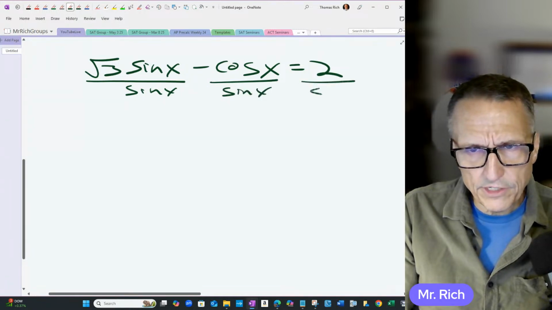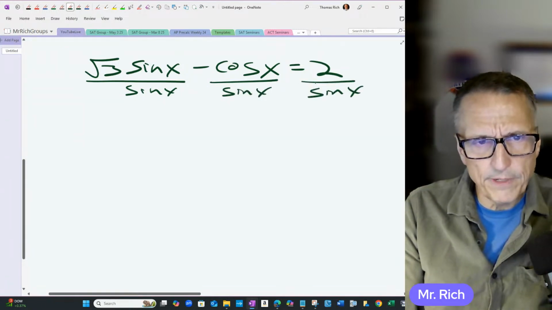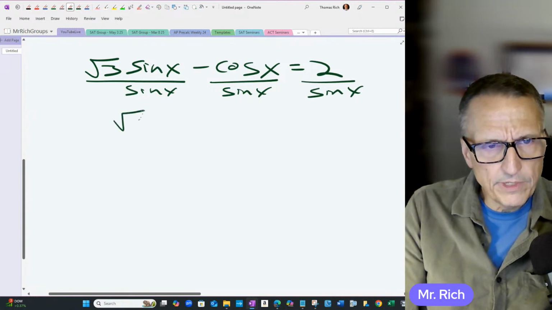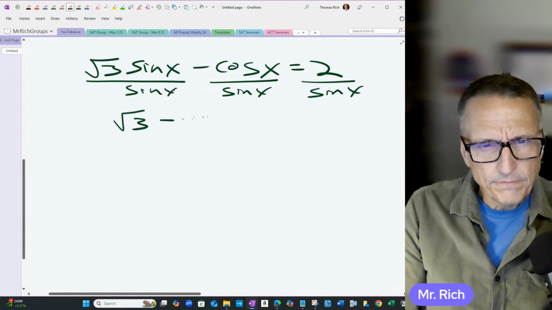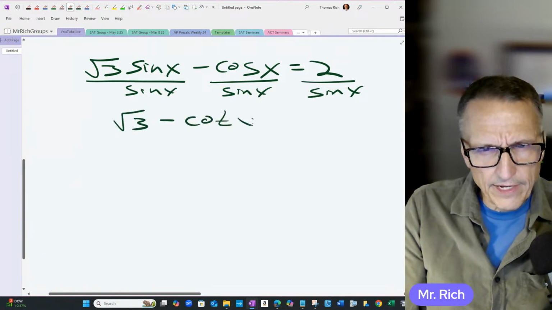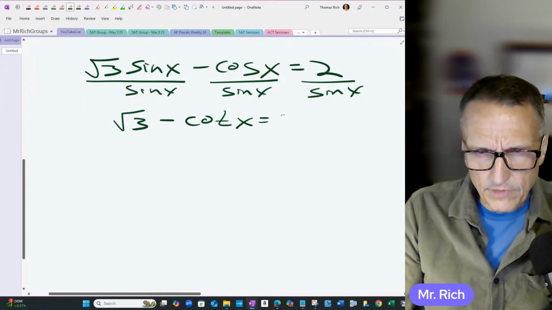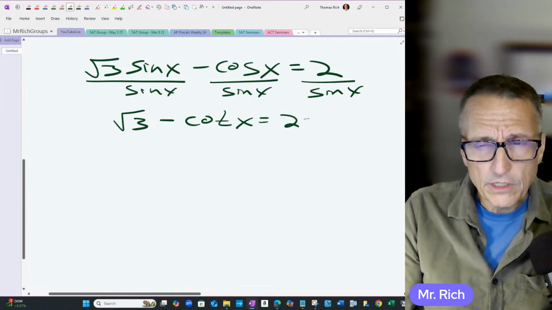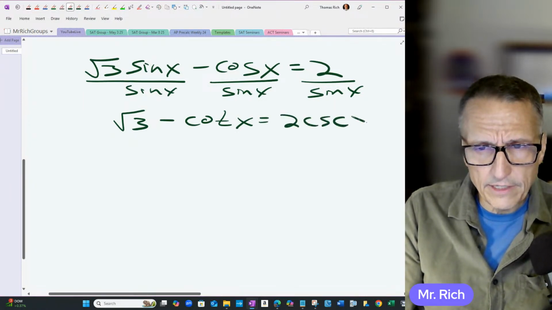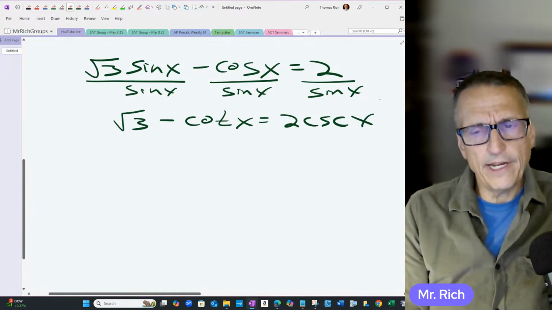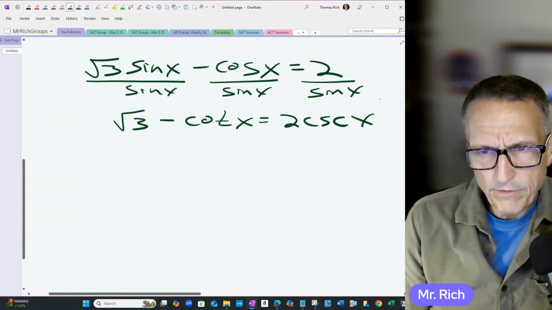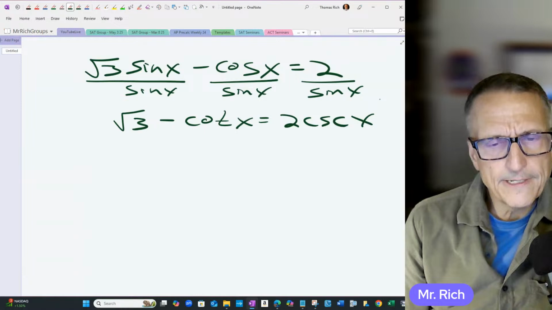I don't think this is going to work. It's possible it does, but it's not the easiest way. This would leave us root 3 minus cotangent of x is equal to 2 cosecant of x, right? I move that sine x up into the numerator and it'll become a cosecant x.